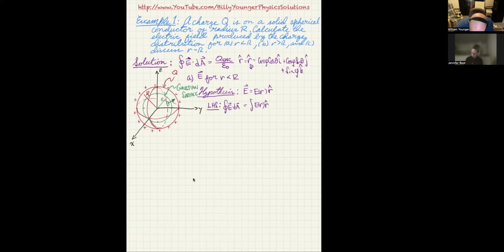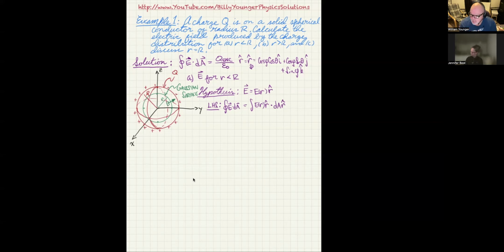And whenever you do a surface integral, basically what you're supposed to do is take all parts of the integral and evaluate them on the surface that you're talking about. So in this case, our surface is a spherical surface of radius little r, and you can see my E of r has been evaluated at little r, so it's actually on the surface. And my dA is actually drawn on the surface of the sphere as well.